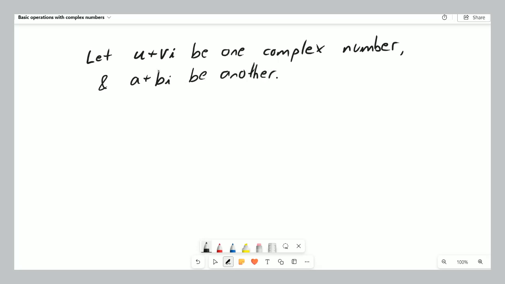Okay. Well, u plus vi plus a plus bi, it's just like collecting like terms. You add the real components, u plus a, and you add the imaginary components, plus v plus b, i. Right? You're just factoring out the i.